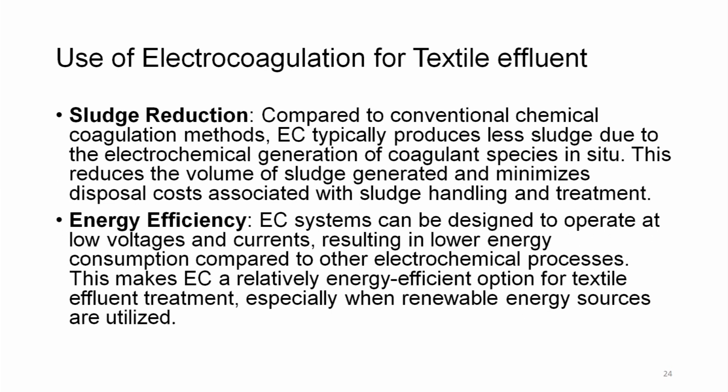In one of the lectures where we were talking about sludge disposal, we saw that methods which generate less sludge are preferred, and the same thing is applicable for electrocoagulation because it generates less sludge than the conventional traditional coagulation flocculation method.